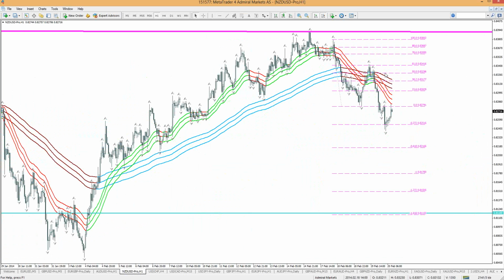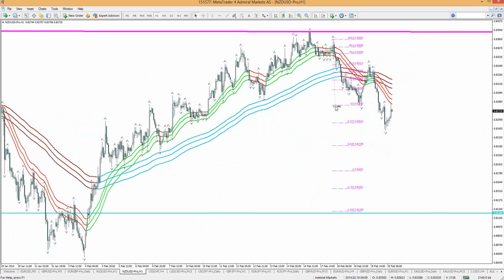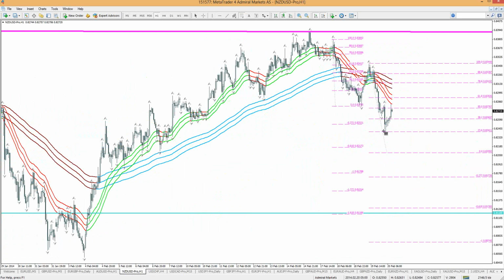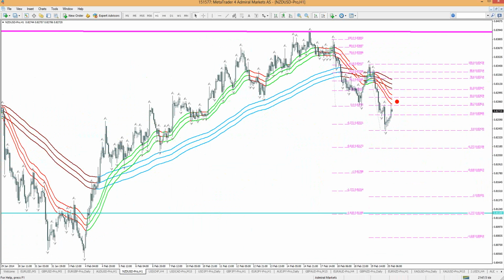I don't see this price going back all the way to the 78.6, so I wouldn't mind personally placing a new fib from here to here, and we can get a move up to the 50, 61 or 78.6, and I would think we should see one more downside.